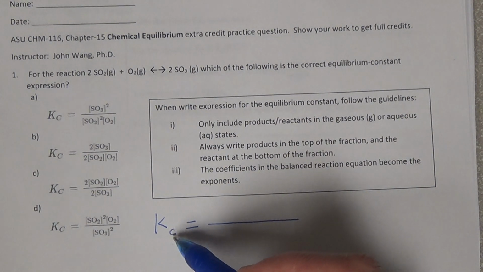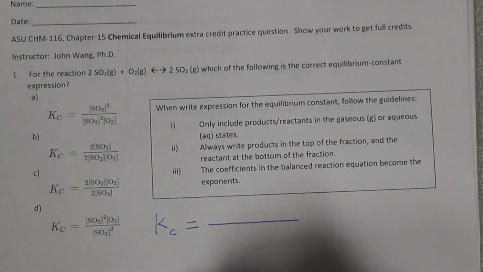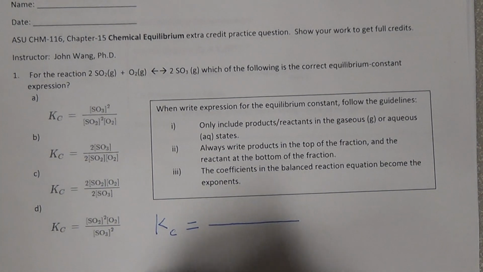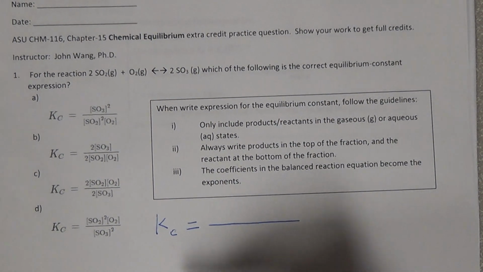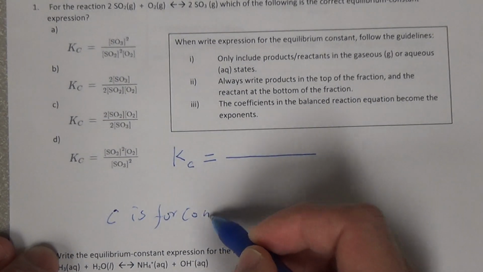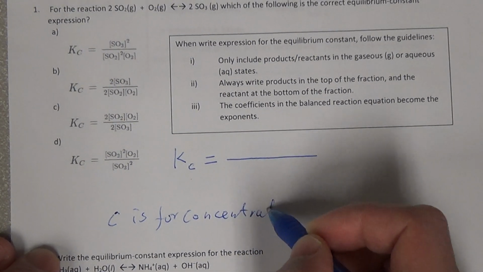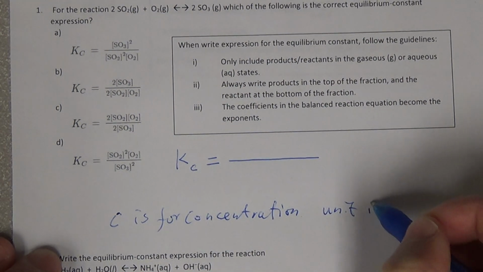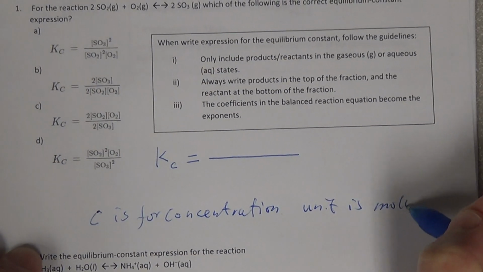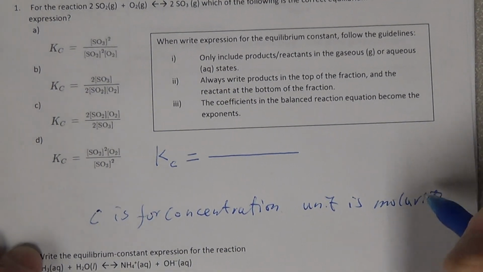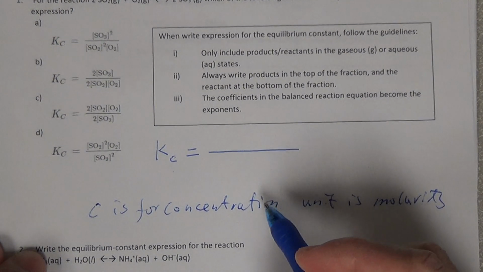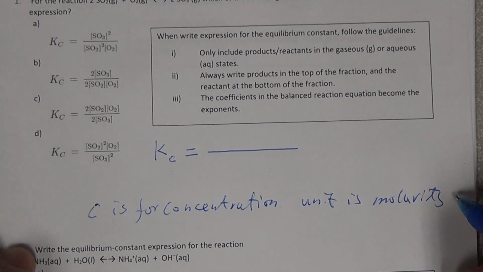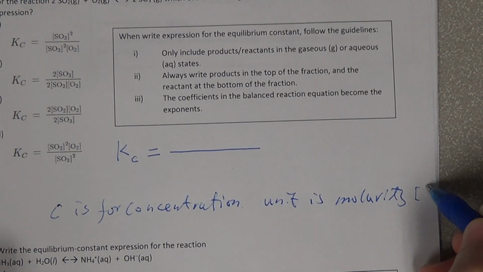When we write Kc, C means concentration, and the concentration unit is molarity. As we learned in chapter 14, the molarity can be represented by the angle bracket.